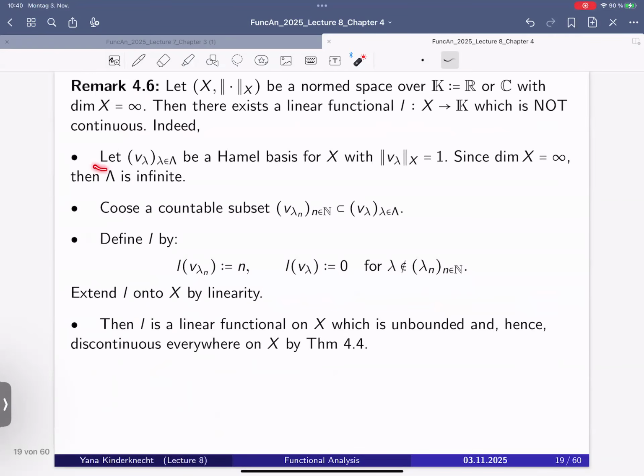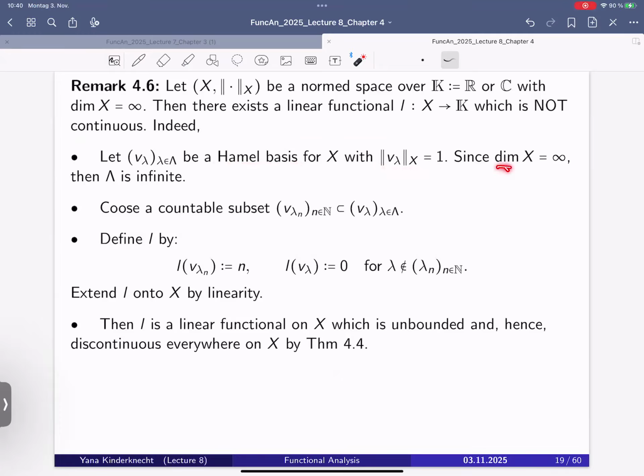So let V lambda be a Hamel basis of this space, normed space whose dimension is infinity. Each vector space has a Hamel basis. So if we have a Hamel basis, we can normalize all the vectors. So we can construct a new Hamel basis which satisfies this assumption.